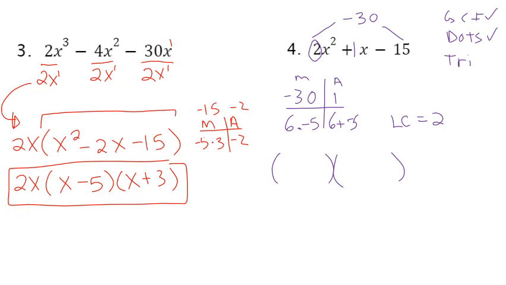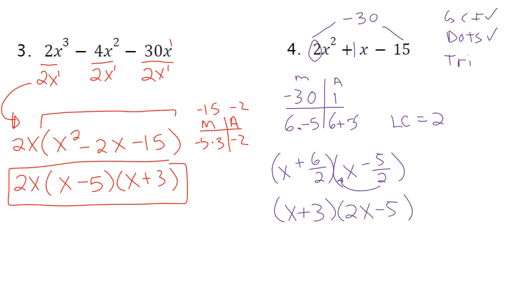We have to divide it back out. So if I divide each factor to see where I can divide out that 2, the 2 is going to divide into the 6, so we get 3. It doesn't divide into the 5, so you're just going to rewrite it. And this is our final factored answer.